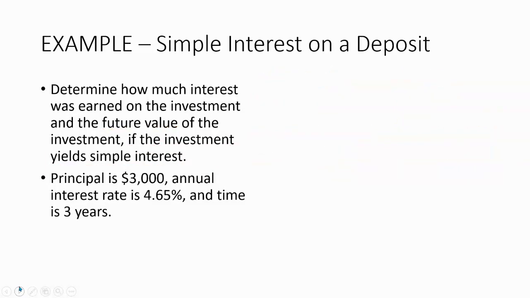Now this next one, I think we can do pretty quickly, even quicker than the one just a moment ago. And then we'll let you try the third one. So hopefully, maybe you're even ahead on this one. The same thing, determine the interest and the future value. So my interest is equal to principal times rate times time.